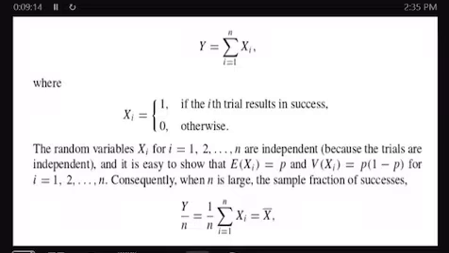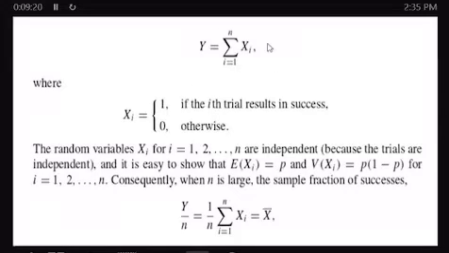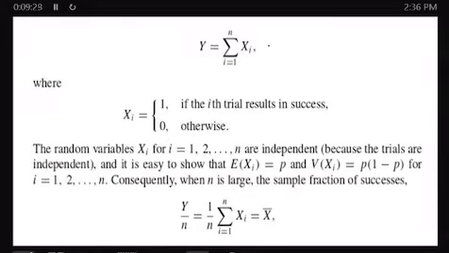If I have a random variable X that follows a Bernoulli distribution, where I have X1, X2, and the like, and if I have more than one trial, and I sum the Bernoulli random variables together, then I'm going to have a binomial. Don't forget, for every Bernoulli trial, the probability of success P is the same.